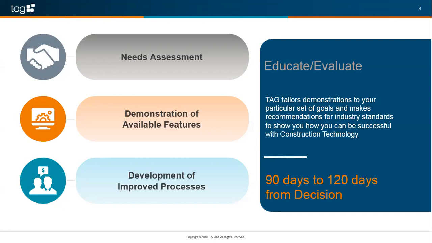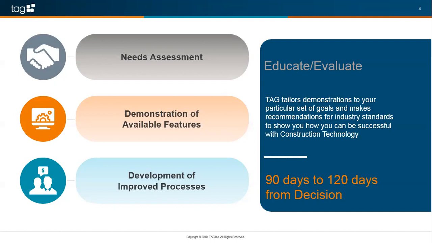Then our next step is to demonstrate those options to you. So maybe you have a couple of different options. We want you to take a look at all of them because it may come down to just user preference, how things look, how things flow. That user interface and what it looks like could just be a preference of the people that are using the system.